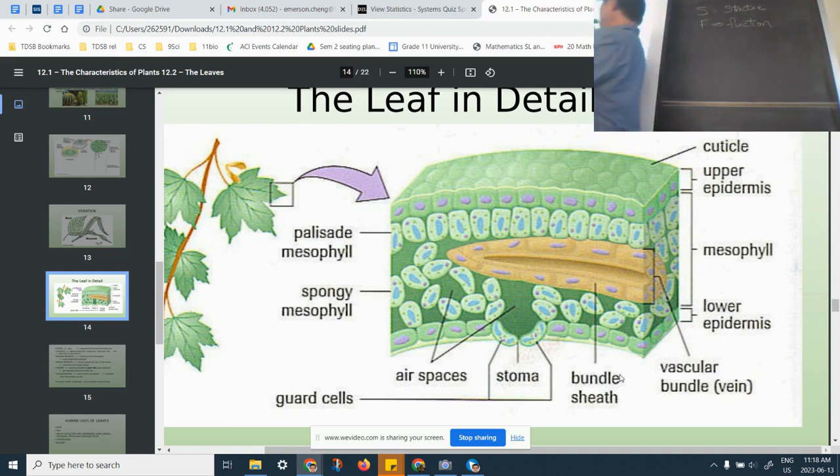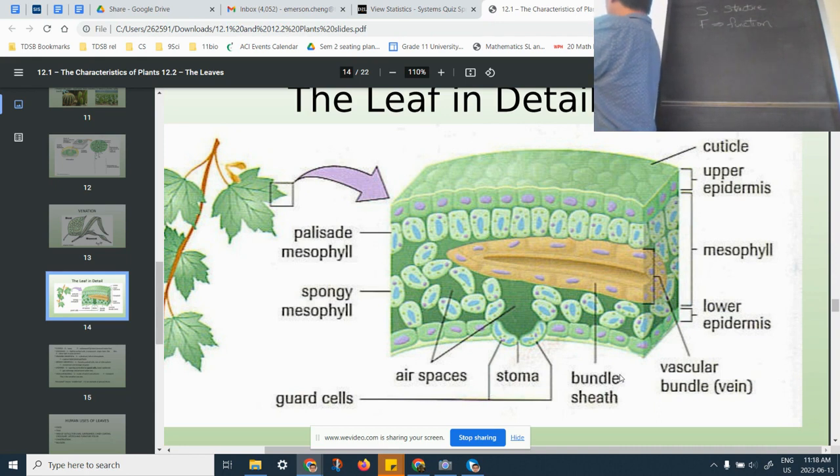Spongy mesophyll, you still get some photosynthesis happening, but it's more about letting gas go through to get to the palisade. On the bottom part, you have the stoma. That's where the gas goes in and out along with potential water vapor. And the guard cells control whether the stoma opens or closes to minimize water loss.